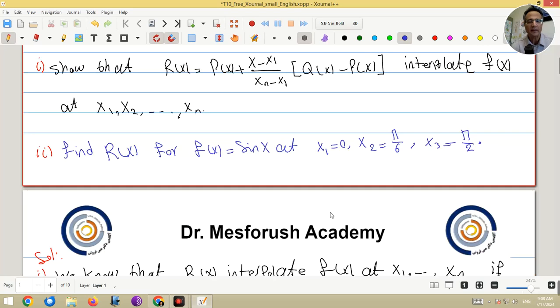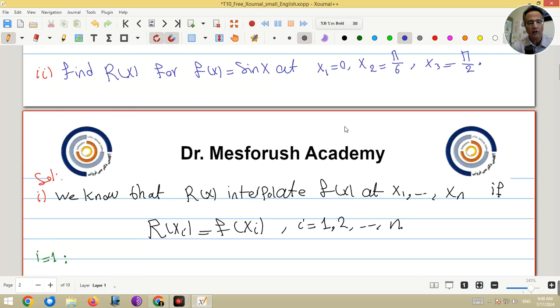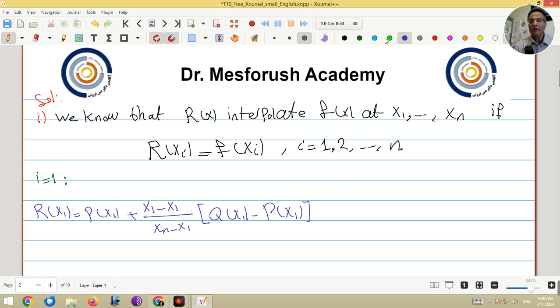In fact, we use this definition for r of x, but we note that this term goes to 0, so totally this term vanishes.